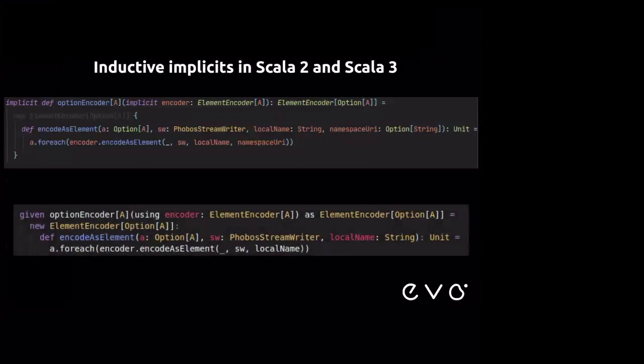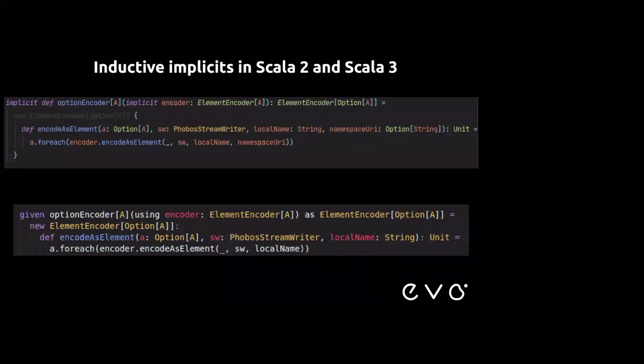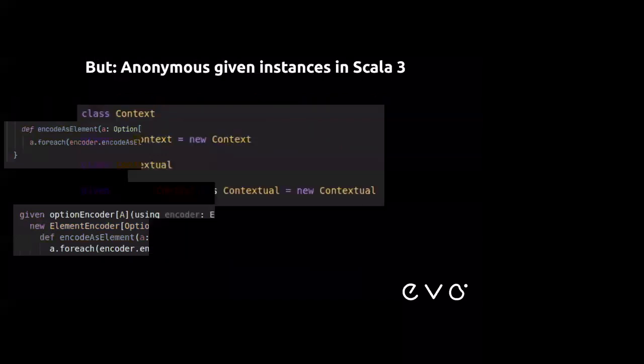In Scala 3, much the same. Instead of implicit def, we are using given. Instead of implicit parameter, we use using. And in other cases, much same. But this is given contextual abstractions has more difference.